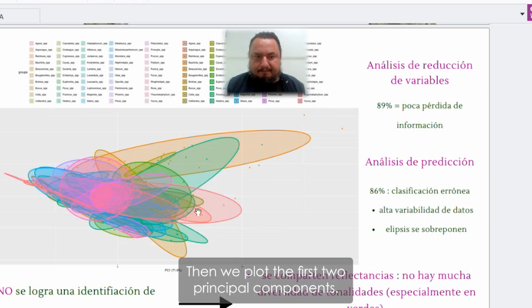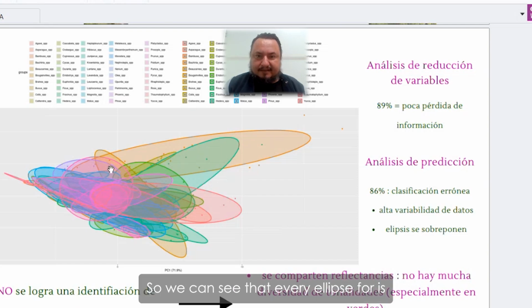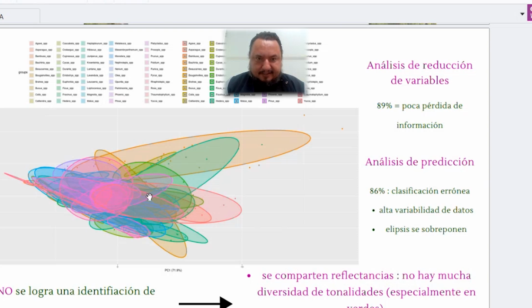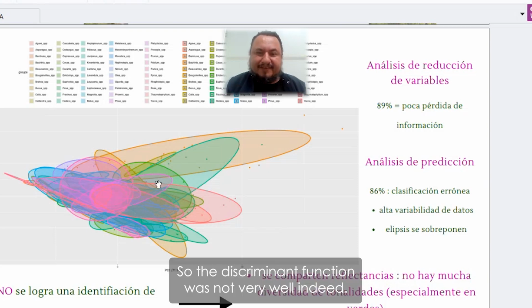Then we plot the first two principal components that they explain 89% of the variation. So we can see that every ellipse is the signature of each plant. Here we can see that because the highly variation in the data, they overlap one in another. So the discriminant function was not very well.